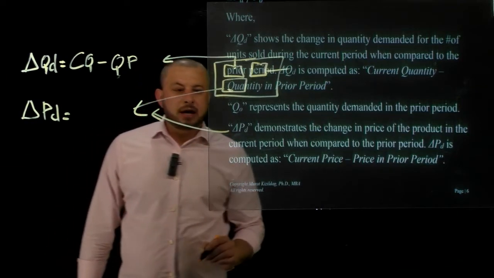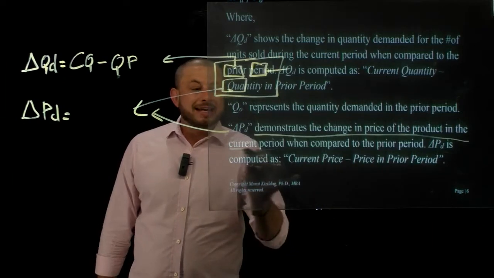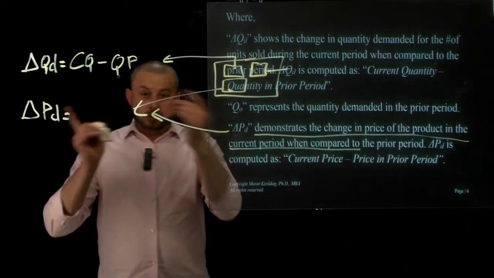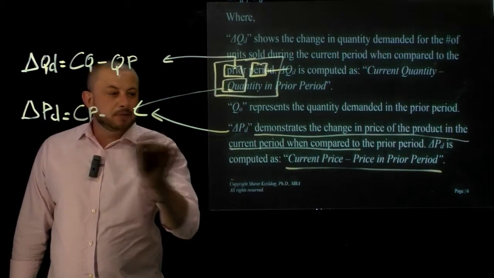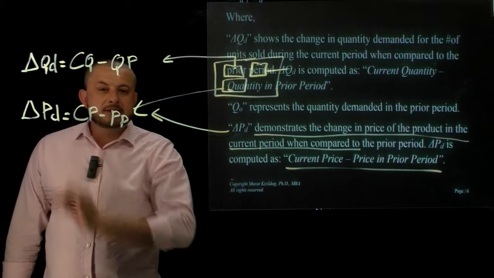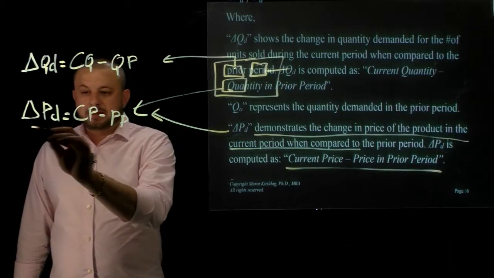Delta PD right here, guys, okay, delta PD demonstrates the change in price of the product in the current period when compared to the prior period. Therefore, take a look at this over here. Current price, CP minus PP, price in prior period, becomes the delta PD.